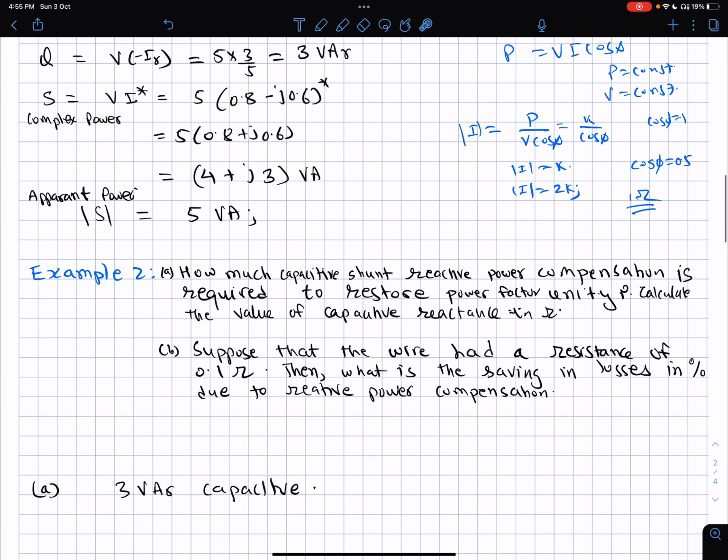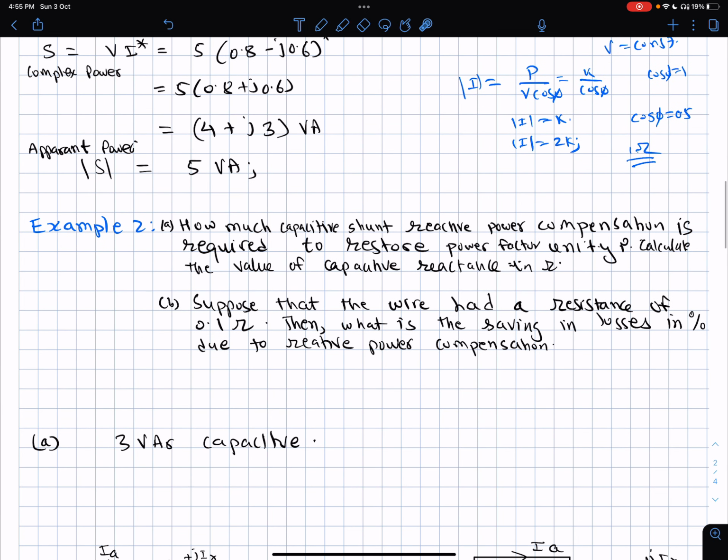This example which I am going to take now will bring out this aspect clearly. How much capacitive shunt reactive power compensation is required to restore power factor to unity?